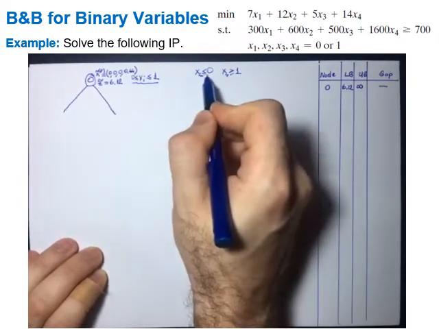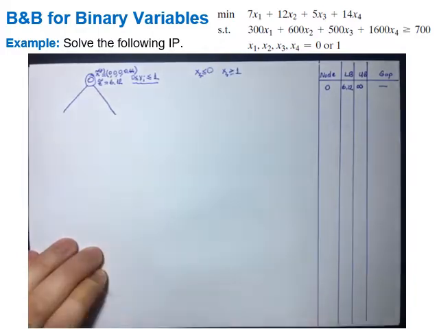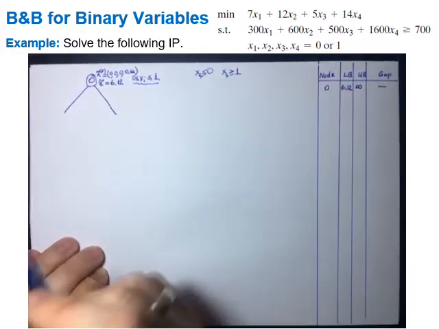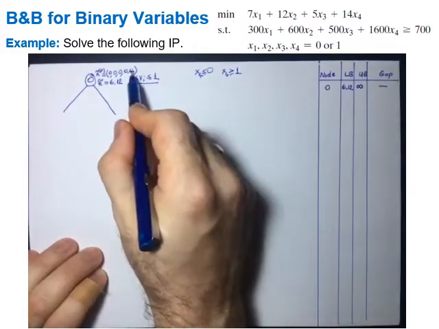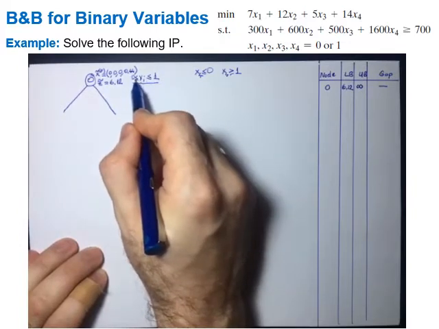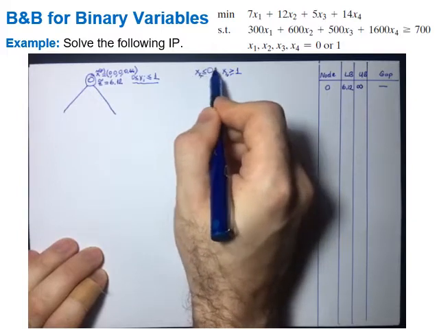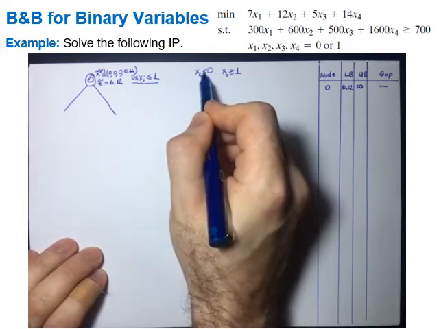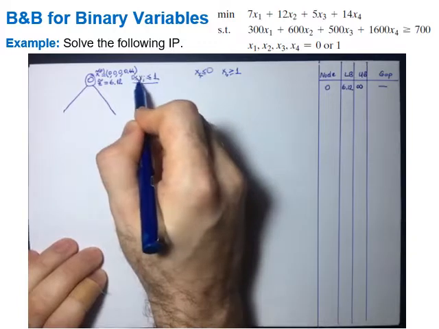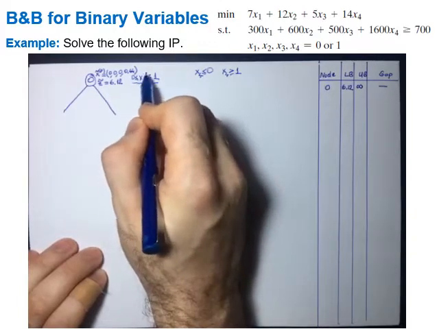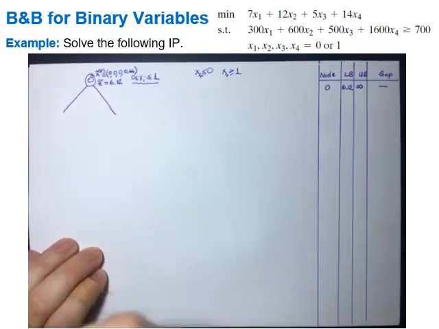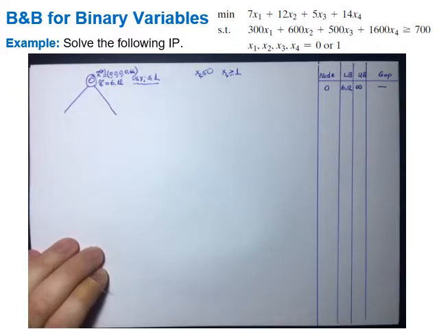But we already know from this equation that x4 should be greater than or equal to 0. So if I include the constraint x4 less than or equal to 0, and since I already have x4 greater than or equal to 0, in fact I am setting the value of x4 exactly equal to 0. This is very important.